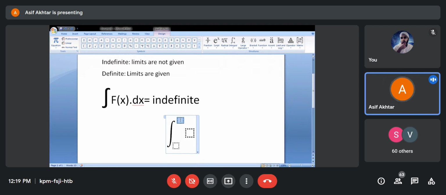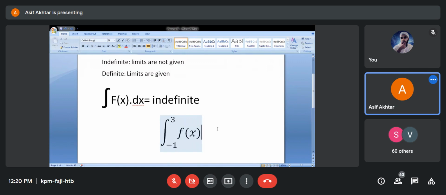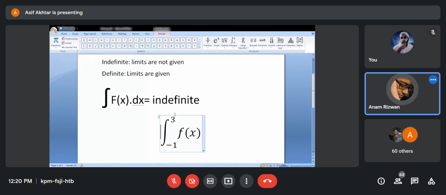So if I write this as 3, if I write this as -1, and I write right here this as f. Is this visible to all of you? Yes, sir. So this is what we have.